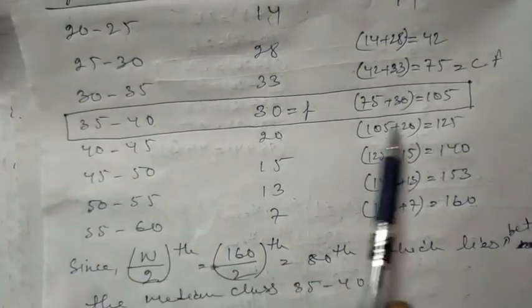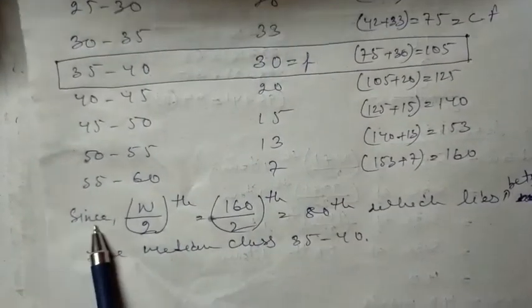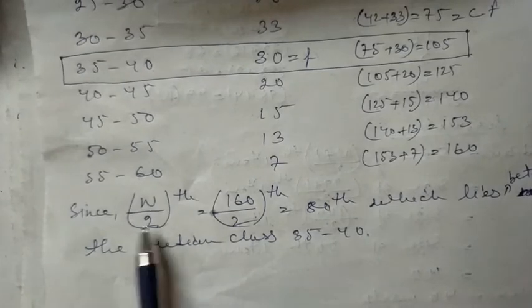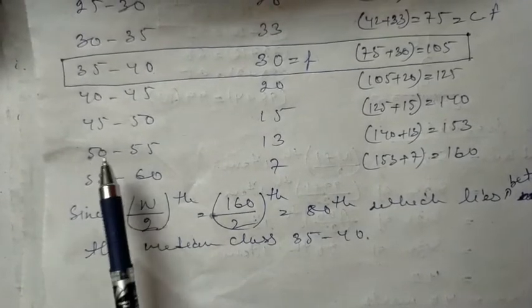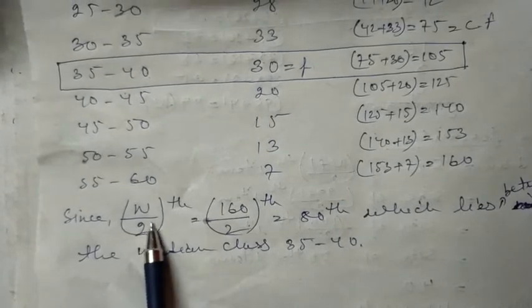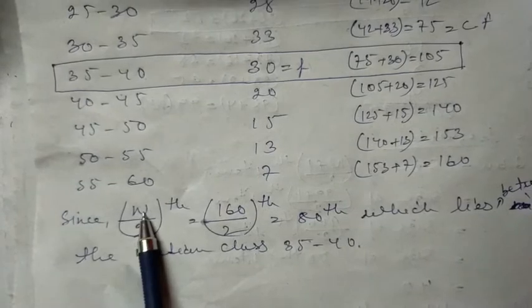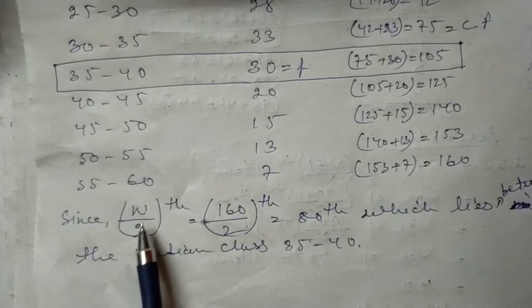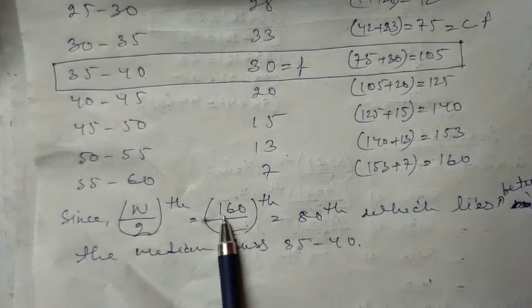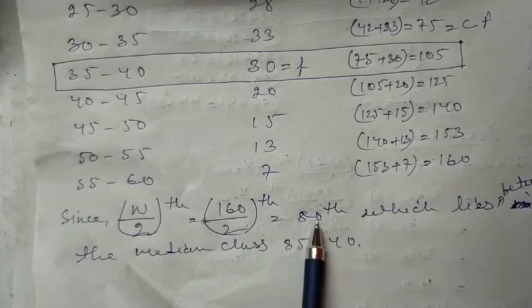So in class interval, which formula can we use? Always remember that in class interval we have to use the formula n by 2. So what is our n? We have calculated 160. 160 divided by 2 gives 80.